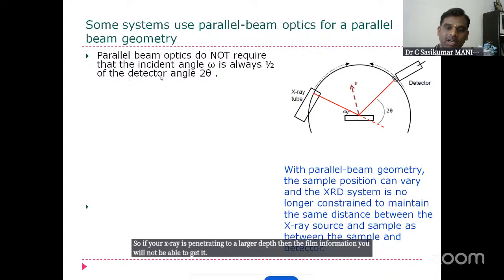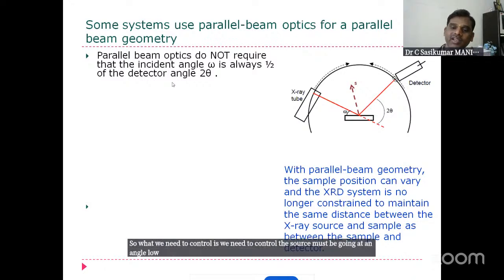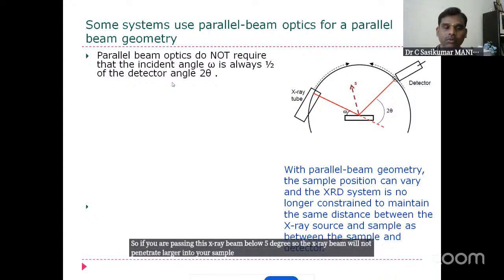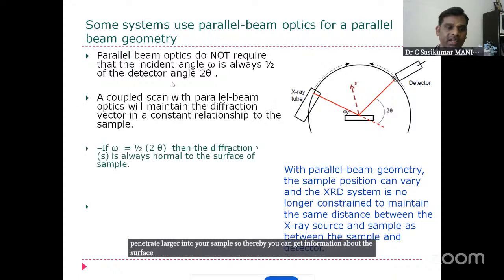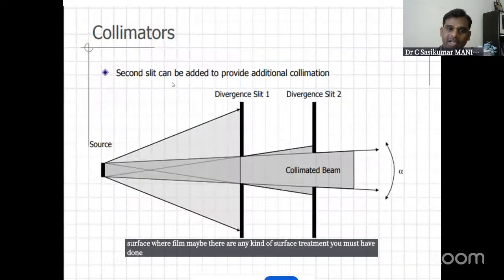So what we need to control is the source, which must be going at a low angle, maybe 1 degree, 2 degree, 3 degree, or less than 5 degree. If you are passing this X-ray beam below 5 degree, the X-ray beam will not penetrate deep into your sample. Thereby you can get information about the surface where a film may be there or any kind of surface treatment you must have done. So accordingly, we make this configuration.